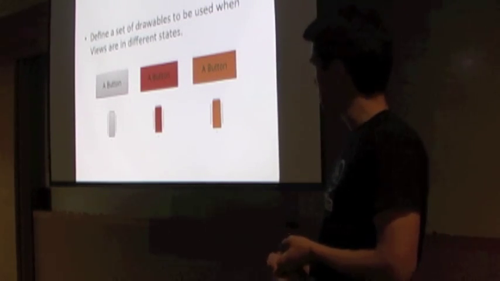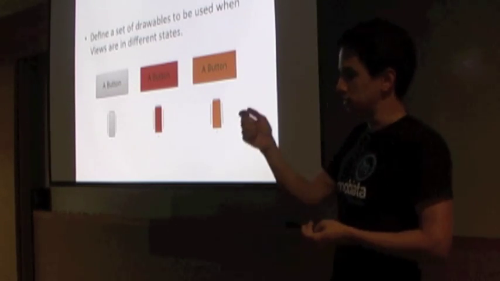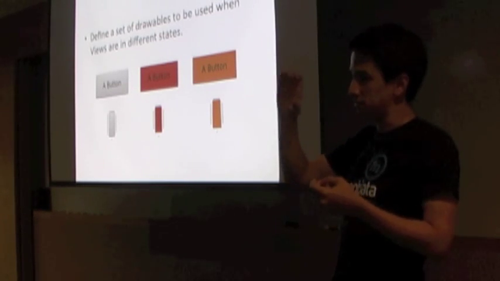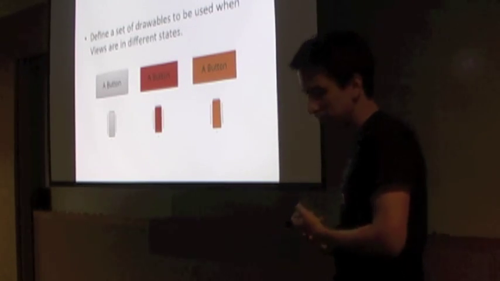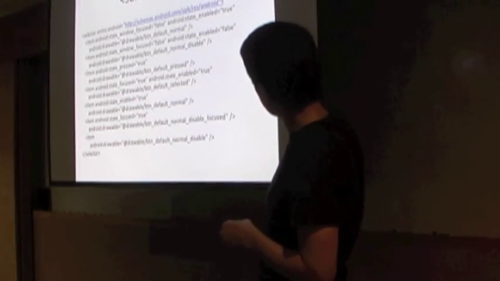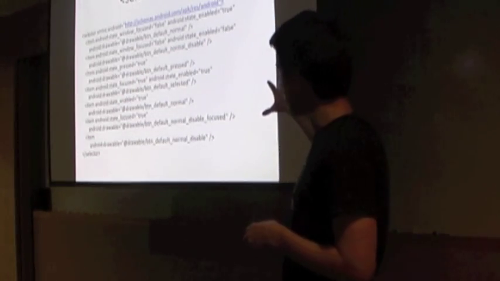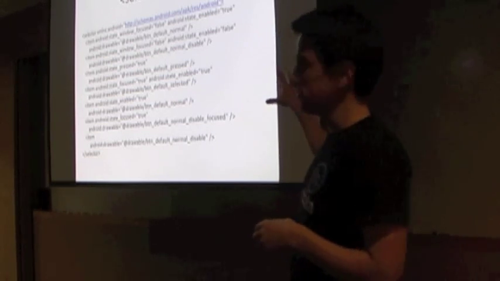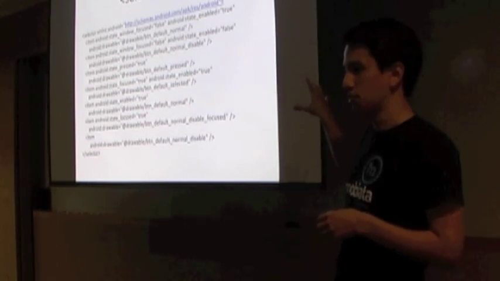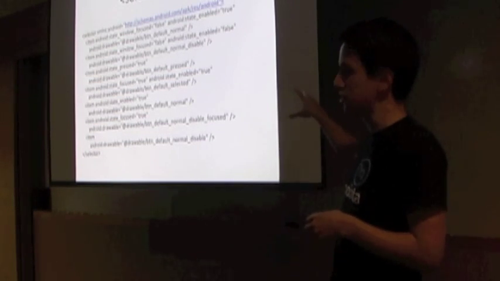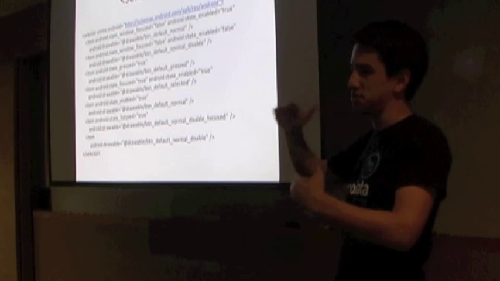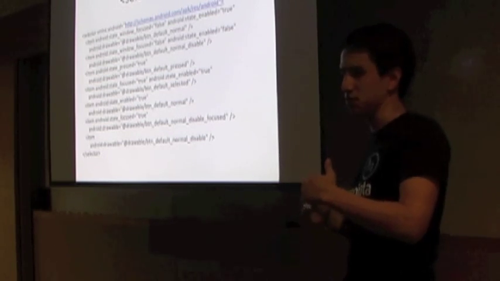Another good example of this is list views. Whenever you're scrolling through a list view, that selector that comes up is actually a series of states, the background that's created there. And the code is kind of a mess, but pretty much what you want to do, whenever you deal with selectors, is go into the Android core, grab the selector code, copy it, and change the drawables to what your drawables are for the buttons.